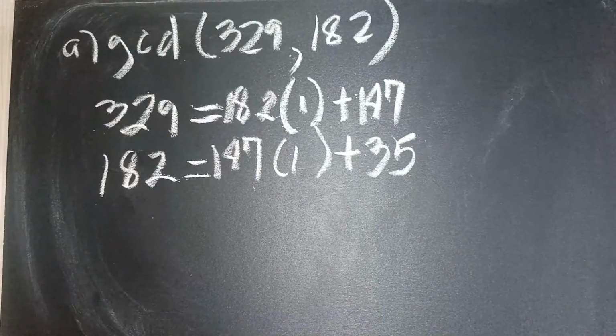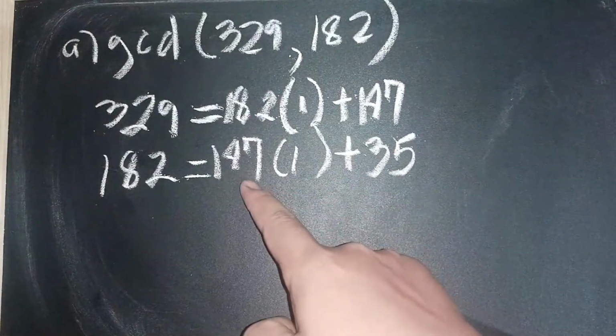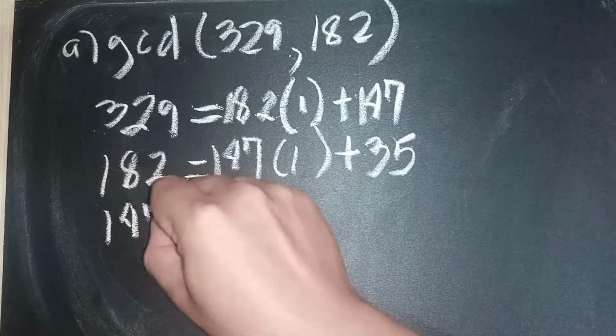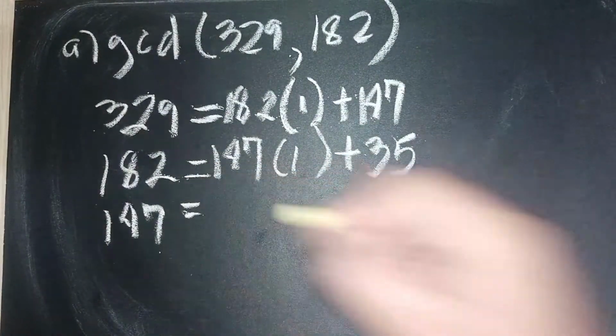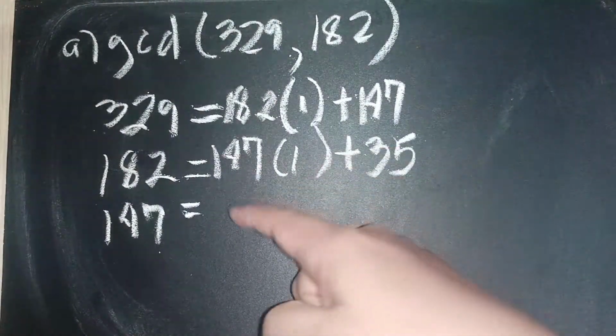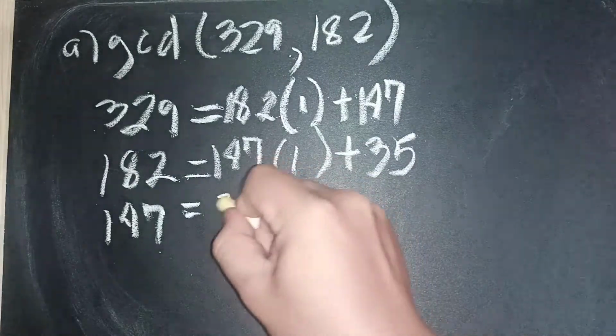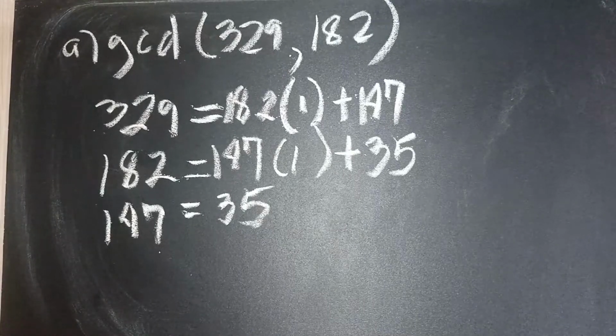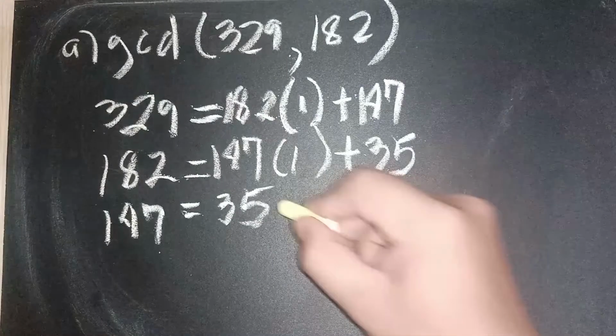Okay? Again, our divisor here will now be the dividend sa next step. Okay? Next yung remainder, siya naman yung magiging divisor. Ulit-ulit din yan mga boss. Okay? So, 147 divided by 35, that is equal to, okay, tama, 4.